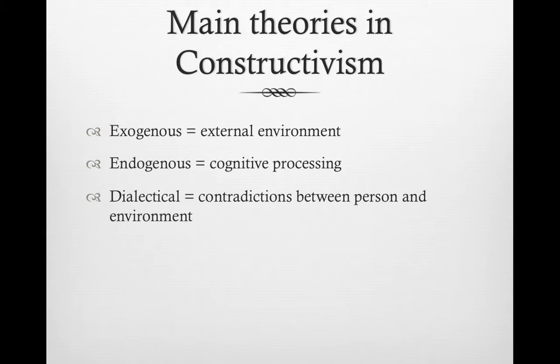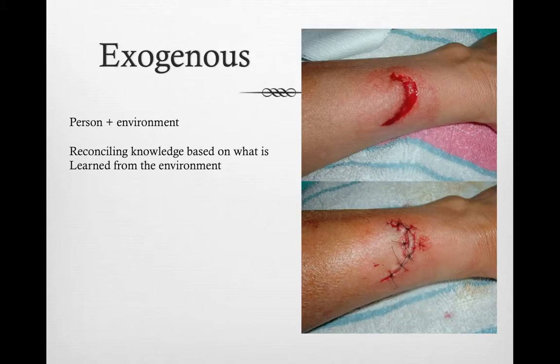There are three main theories to constructivism: exogenous, endogenous, and dialectical. In the next few slides, we'll define each of them. In exogenous theory, knowledge is built by reconciling one's beliefs and experiences from the outside environment.